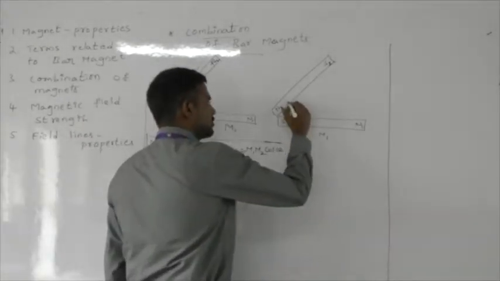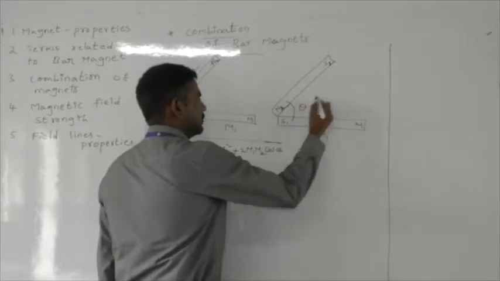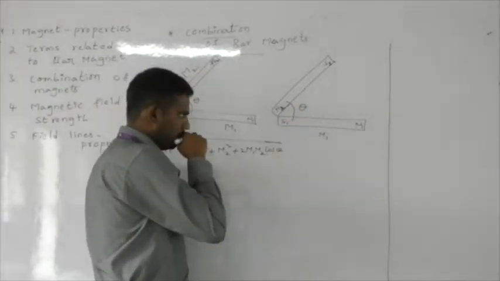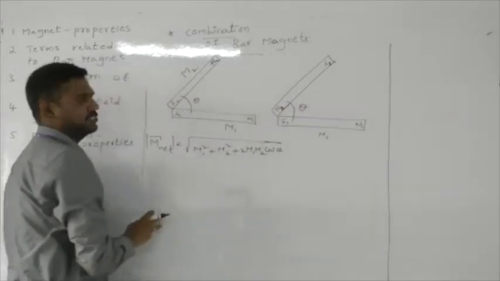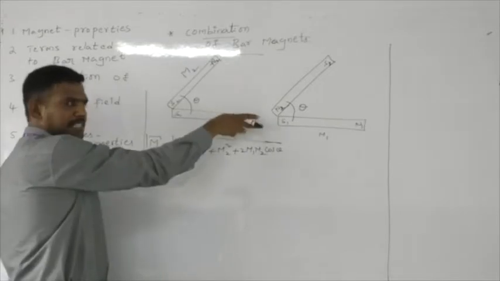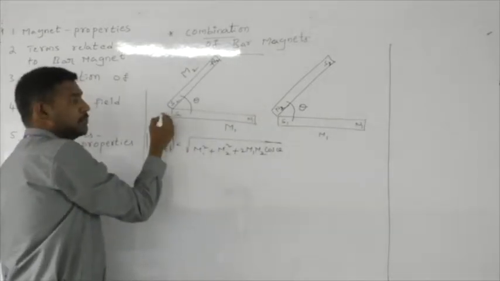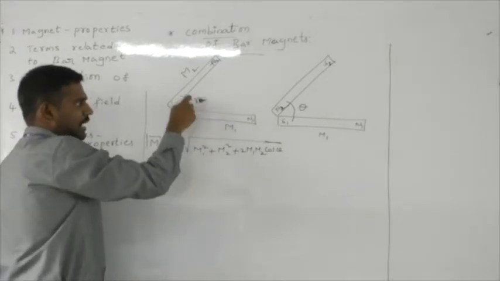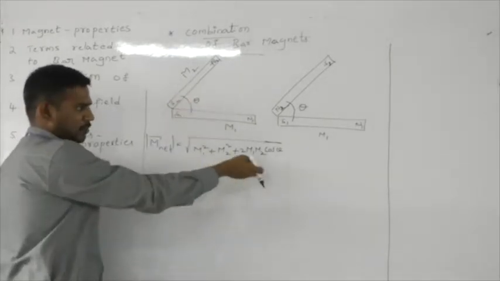Let us suppose here also the angle between the two axes is theta. Here you have to see the difference between these two things. Here S2 N2 and S1 N1 are both aligned in the same direction. I mean they have the same starting point. That's why I consider A and B as two vectors, and the angle between them is theta. That alone I have done here.